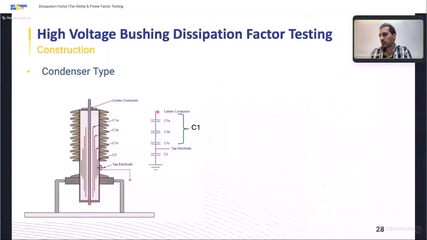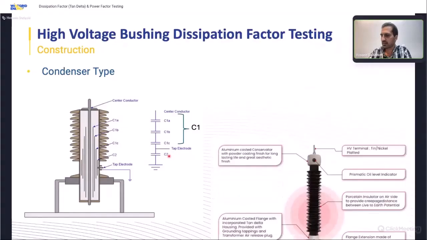From the center conductor to the last aluminum foil, we have C1. The last aluminum foil is connected to an electrode and comes out of the bushing. We call it the test tap. So the test tap is normally grounded during operation of the bushing. And between the test tap and the grounded flange of the bushing, we have another capacitance. We call it C2.